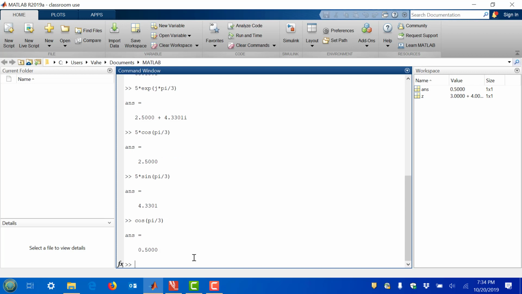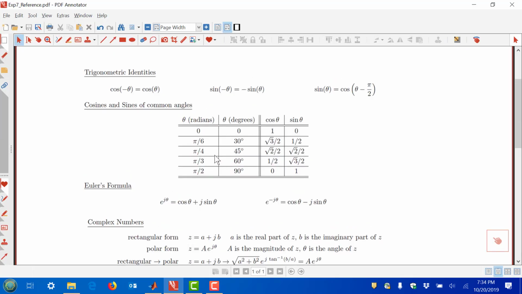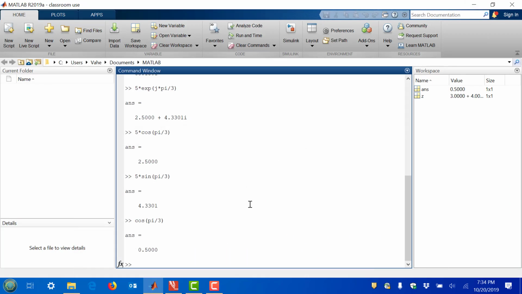Cosine of 60 is a half, and by the way, you can go back here and check that in the table. That's something you probably should know because those are very common, very easy angles. Anyway, another way to get the cosine of 60 degrees is to use the modified version of the cos function. If you say cos d, then you can put the actual degrees in the parentheses.